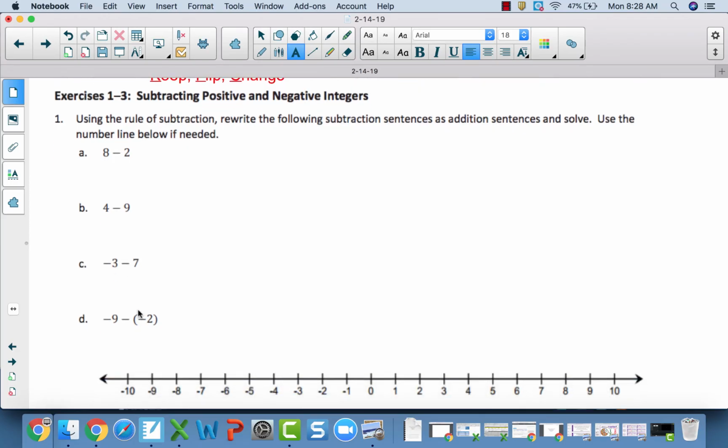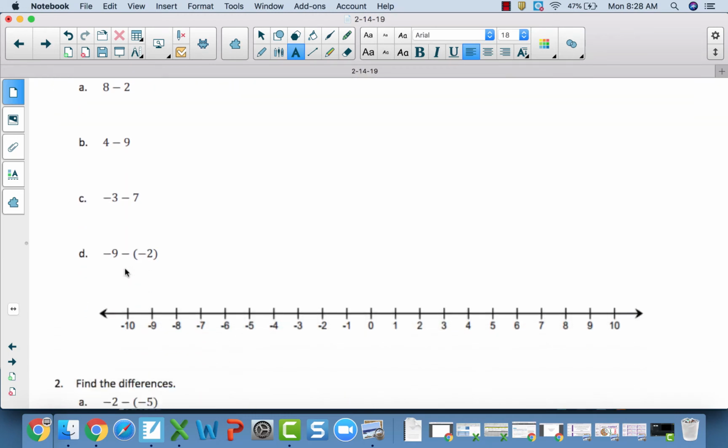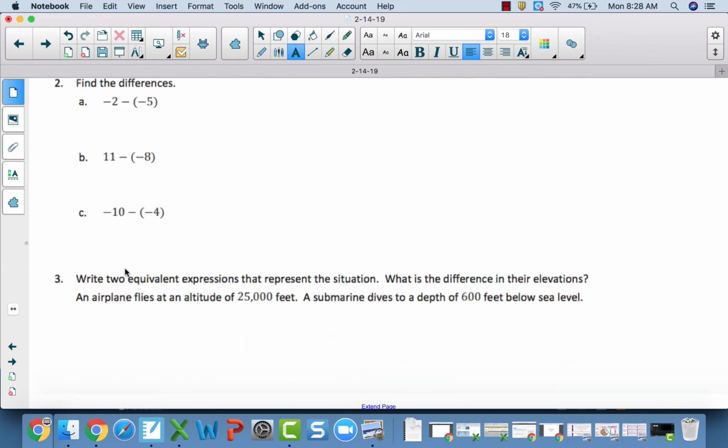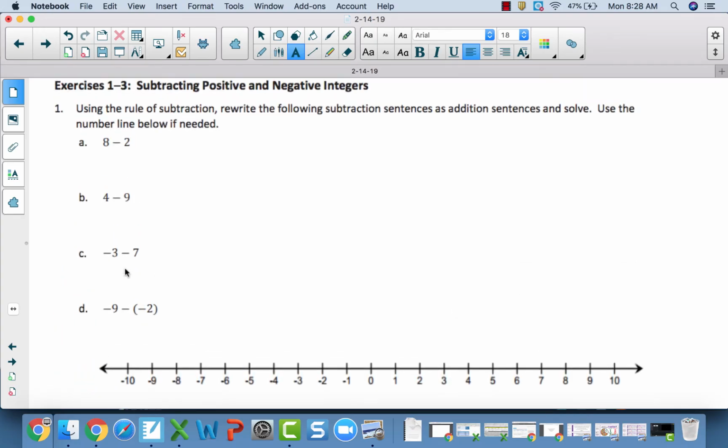And then if I see these two back to back like this, I change it into a giant plus. But what I want you to do is think of your own strategies for these and answer exercises 1 through 3. When you are done, come back and I will walk through how I'm thinking through these different problems.